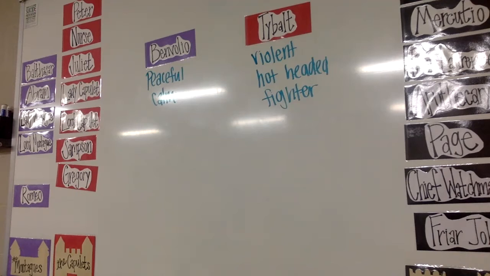Many a morning hath he there been seen with tears augmenting the fresh morning's dew, adding to clouds more clouds with his deep sighs. But all so soon as the all-cheering sun should in the farthest east begin to draw the shady curtains from Aurora's bed, away from light steals home my heavy son, and private in his chamber pens himself, shuts up his windows, locks fair daylight out, and makes himself an artificial night. Black and portentous must this humor be, unless good counsel may the cause remove.